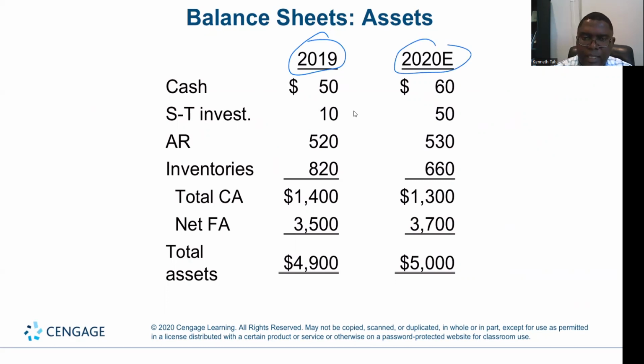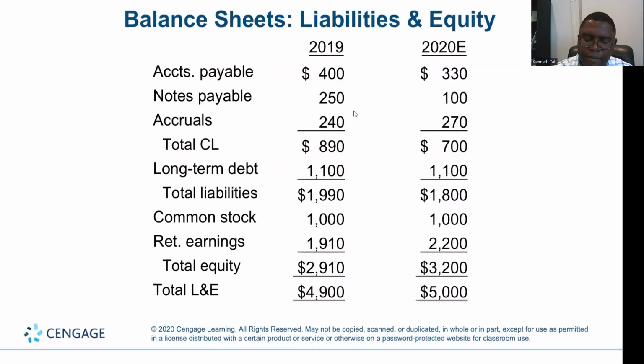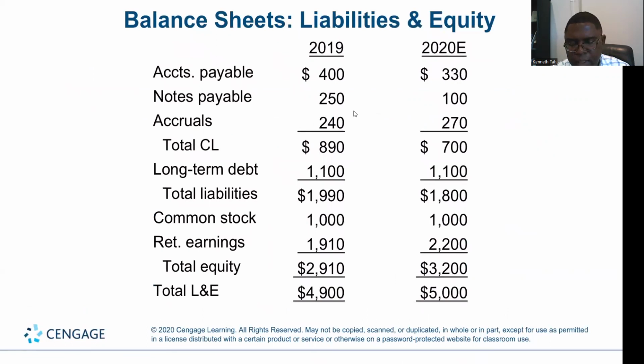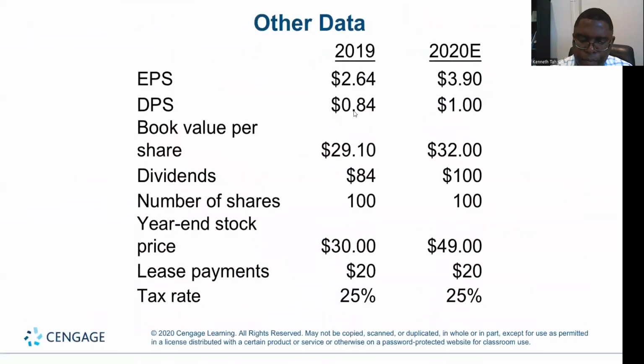So this is the asset side of the balance sheet. We also have the liability and equity side of the balance sheet. So we are basically going to use the income statement and balance sheet to do our ratio analysis. These are all the data that is going to help us: earnings per share, dividends per share, book value per share, number of shares, year-end stock price, etc.